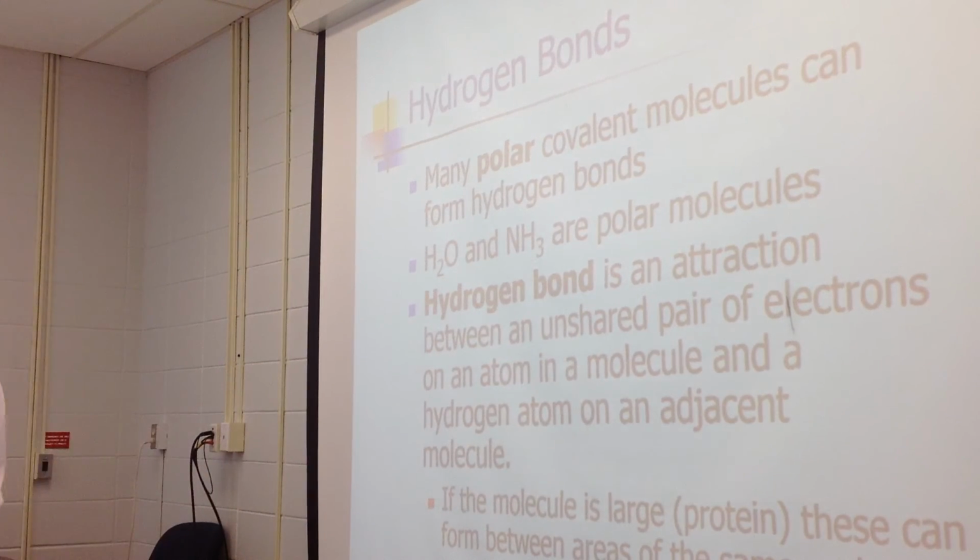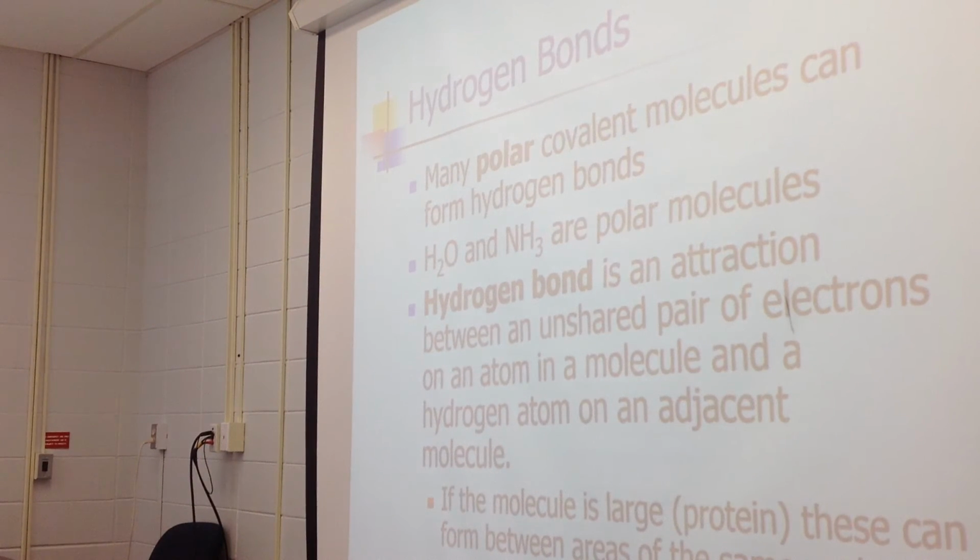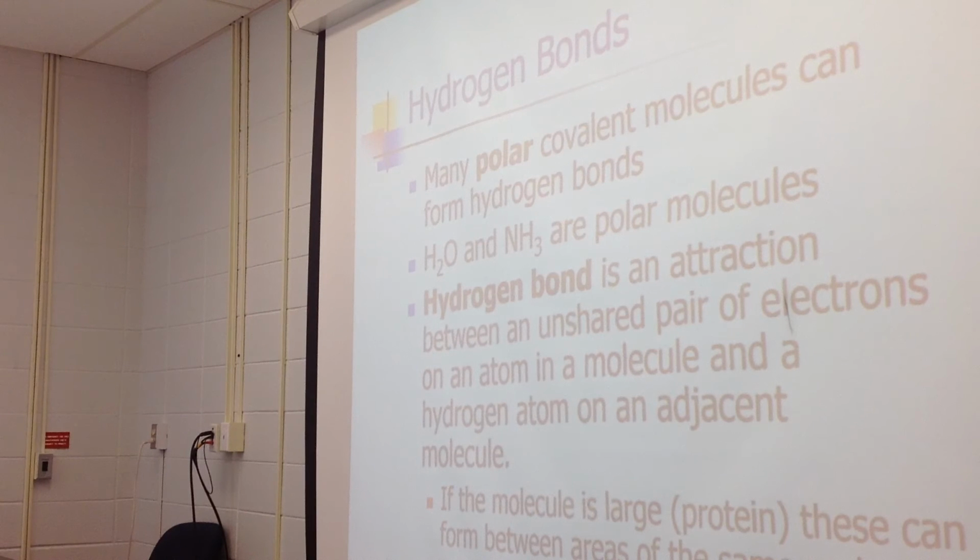Now, what do we mean by something being adjacent? Close. The neighbor, in other words. And I mean close neighbors in this case. All right, so an unshared electron pair on one atom on a molecule, and typically on a different molecule, a hydrogen. All right, the two are going to get together. They attract each other.